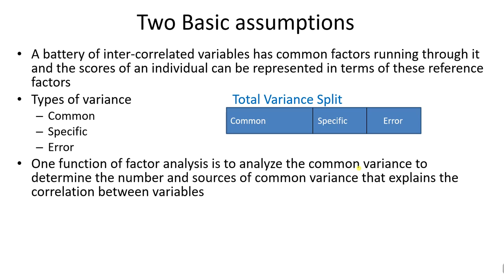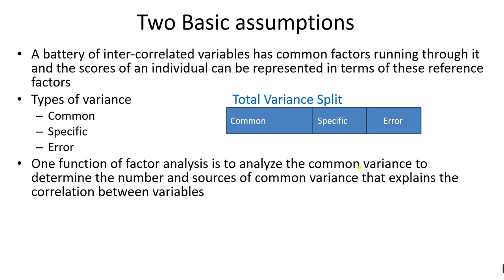For example, in the previous lecture, I gave the example that performance intelligence and verbal intelligence, these two variables, are latent variables or factors. They are explaining the variance shared by all the four variables. So factor analysis is that technique which analyzes in true sense the common variance.